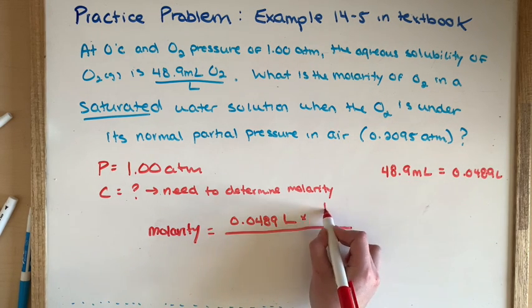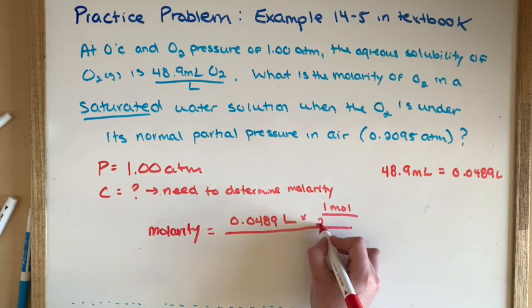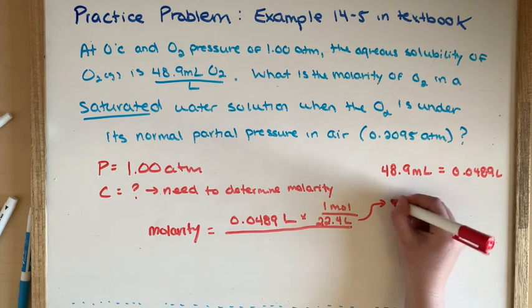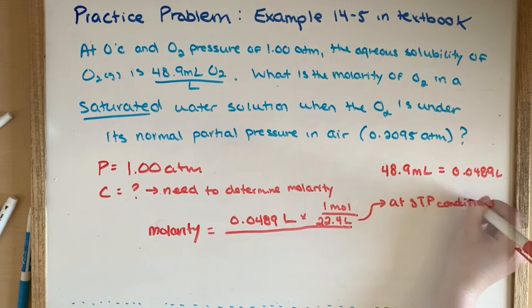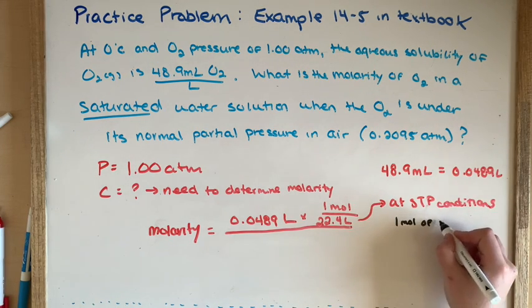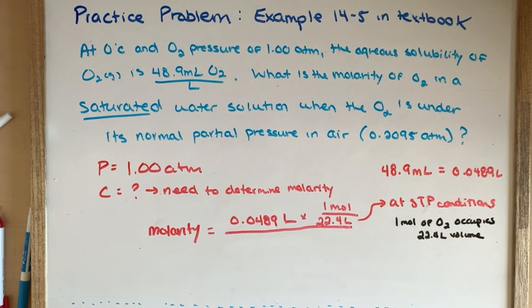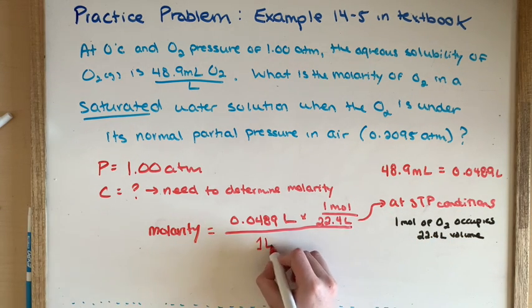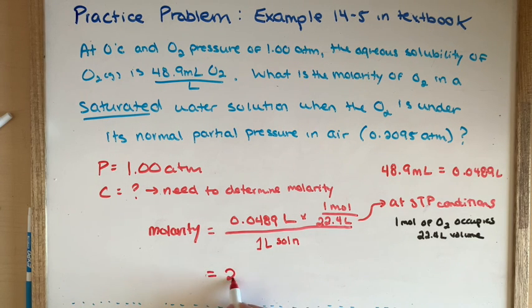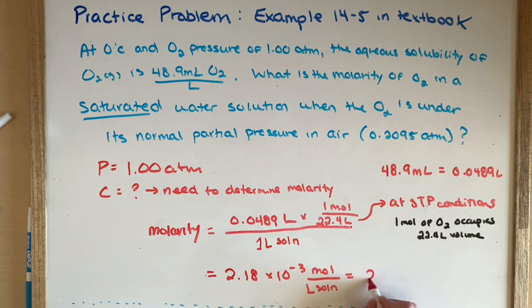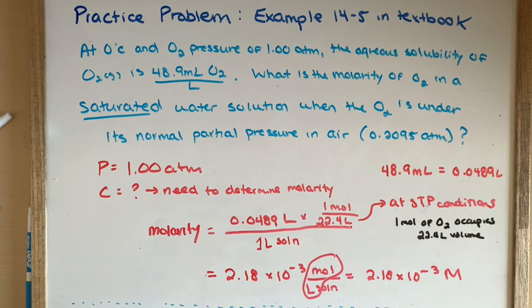We can do that times 1 mole over 22.4 liters, which is at STP conditions, because 1 mole of oxygen occupies 22.4 liters volume. Then we divide that all by 1 liter. If you punch that through your calculator, you should get 2.18 times 10 to the negative 3 moles per liter. So that's your answer for the molarity, C, of Henry's law.